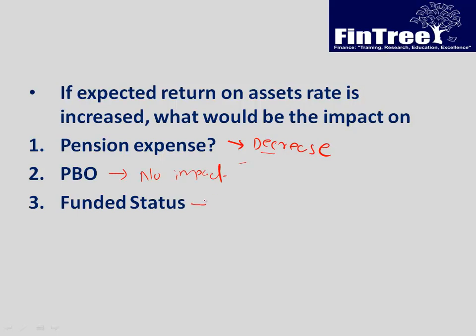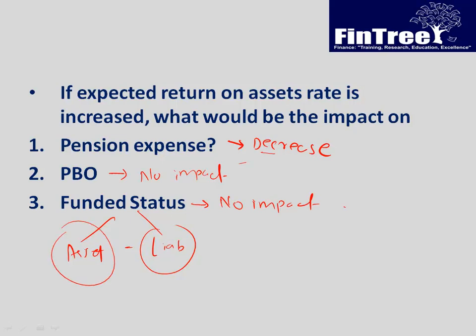And funded status? No impact. Because funded status is what? Asset minus liability. It's neither affecting your liability, nor affecting your assets. These are expected returns, not actual. Are we good to move on?